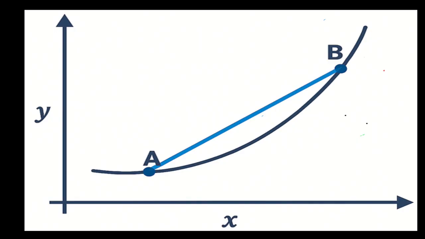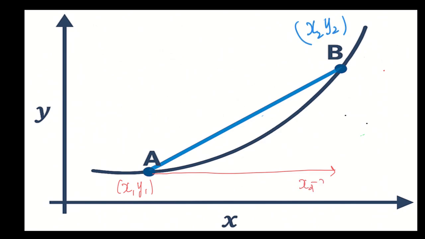Which means if you calculate the run here from say x1 y1 to say x2 y2, what is the run here? The run here is x2 minus x1, right? And what is the rise here?